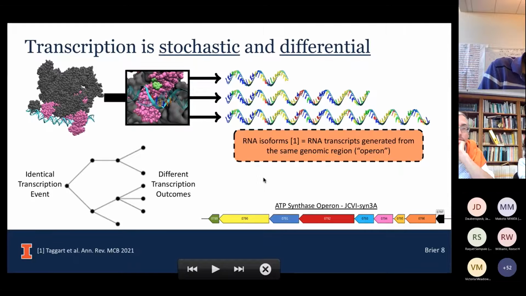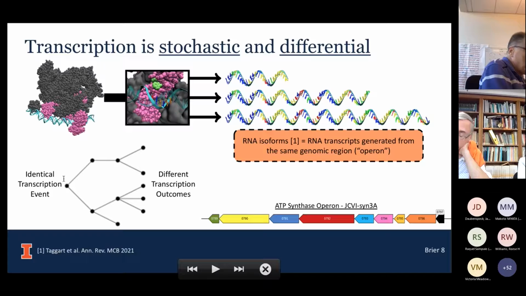To really understand how these things can evolve, you need to understand that transcription is stochastic and differential. What I mean by differential is that identical transcription events, as you can see in the schematic, can have different transcriptional outcomes.